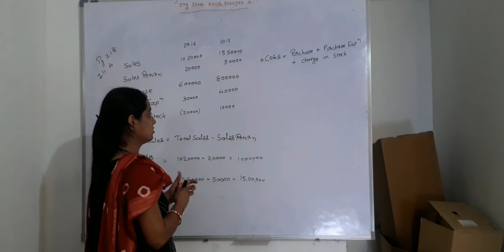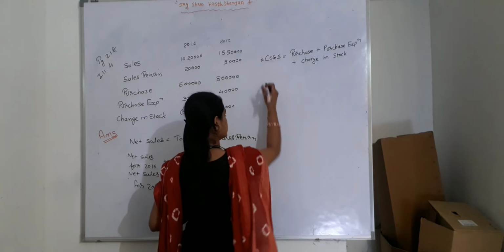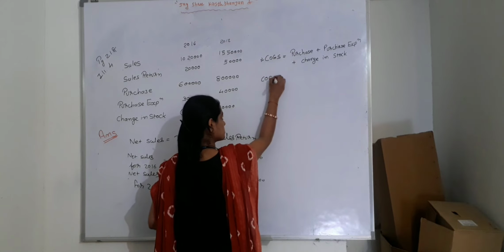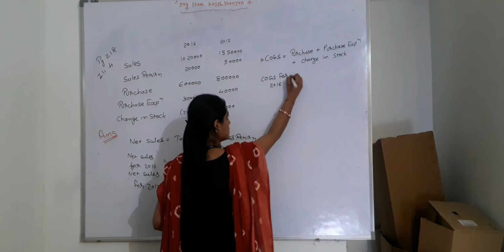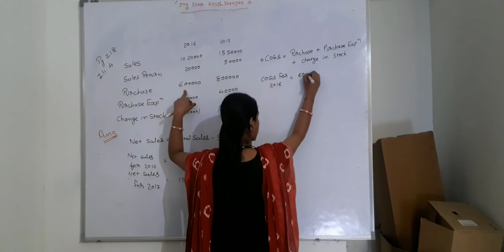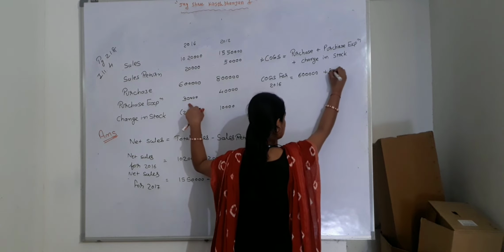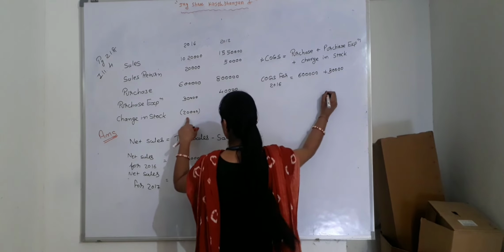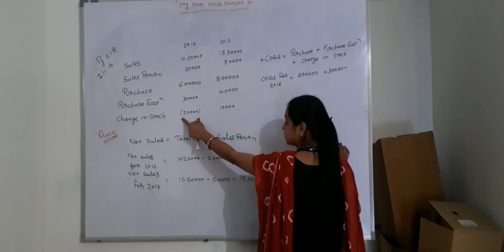So for the year 2016, COGS is equal to purchase 6 lakh plus purchase expense 30,000. Change in stock is in negative because they have given it in bracket.